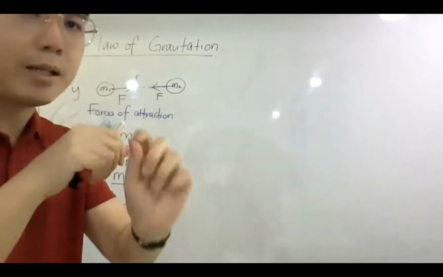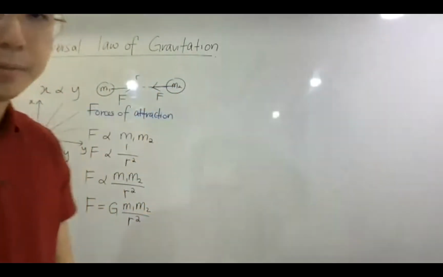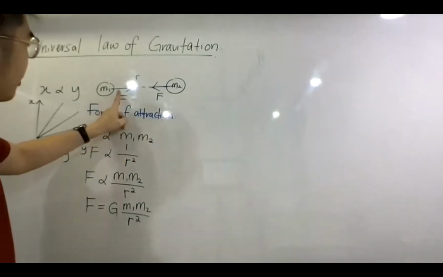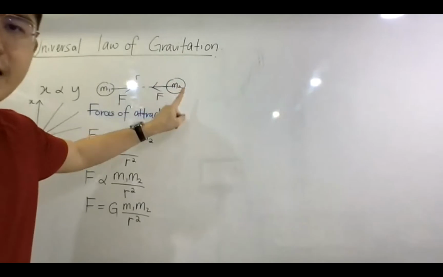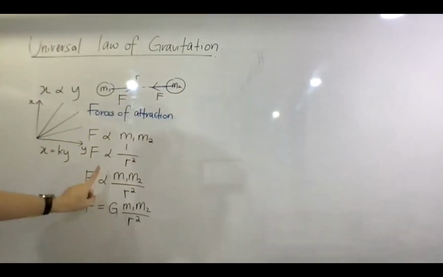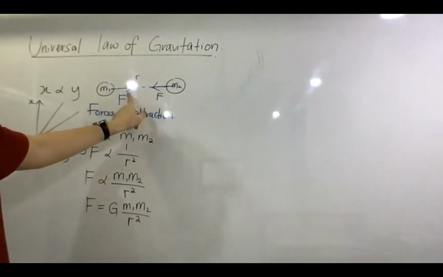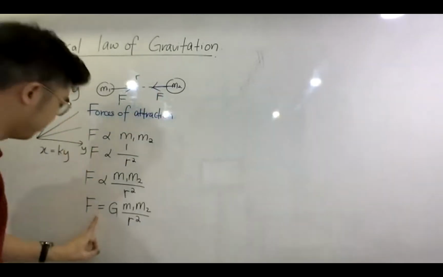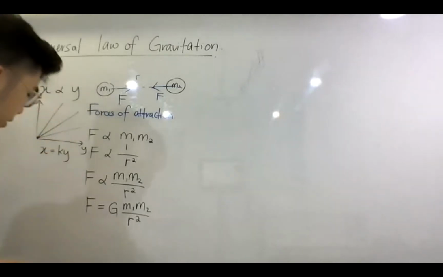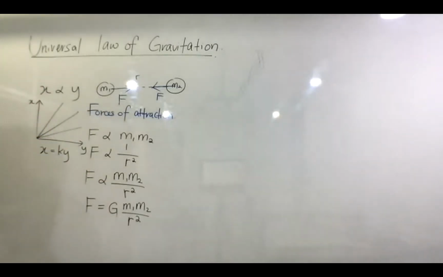And the same magnitude of force is acting on both bodies. How much the Earth pulls the mass is the same amount as how much the mass pulls the Earth. The magnitude has to be the same for these two.